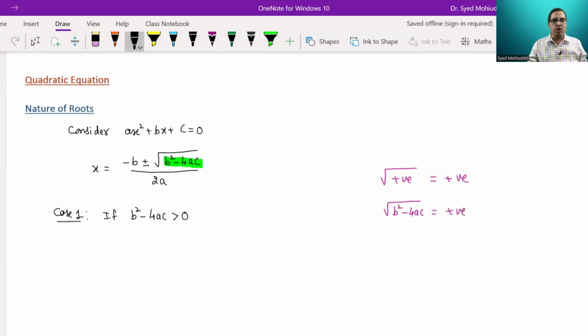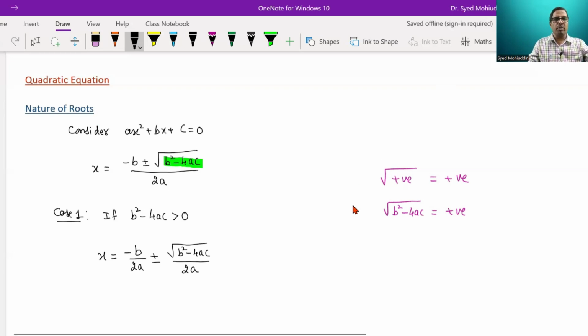So the root of this equation can be written as x is equal to, let me divide each term by 2a, minus b divided by 2a, plus or minus square root of b square minus 4ac divided by 2a.